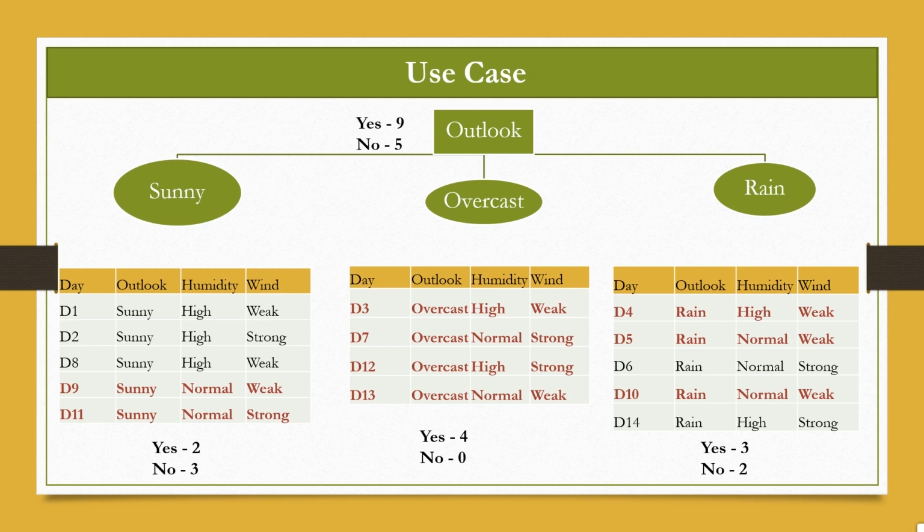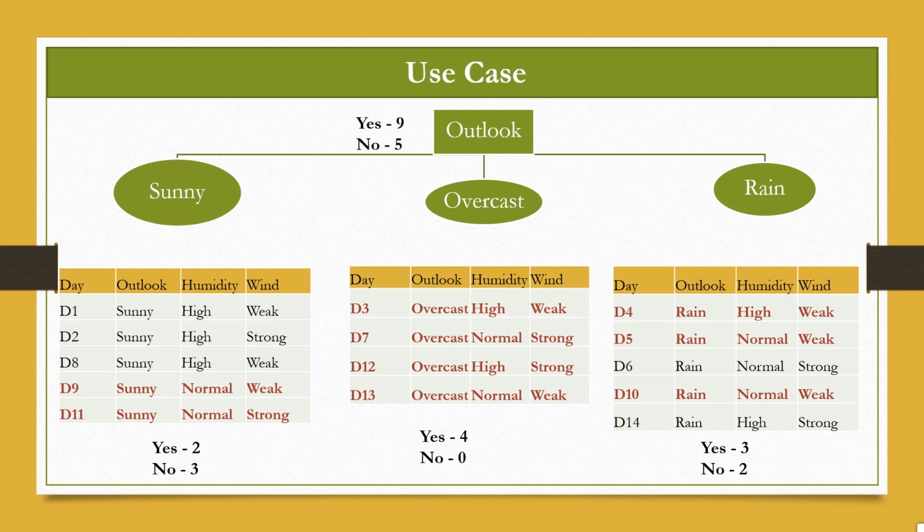So the sunny and the rain branches will give you an impure output, meaning that there is a mix of yes and no. There are two yes here and three no here. There are three yes here and two no over here. But when it comes to the overcast variable, it results in a 100% pure subset. This shows that the overcast variable will result in a definite and certain output.